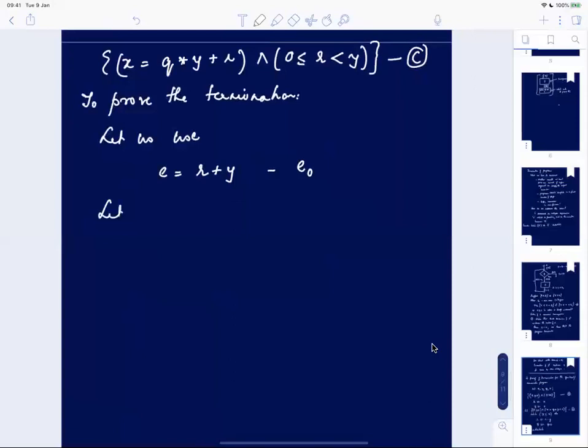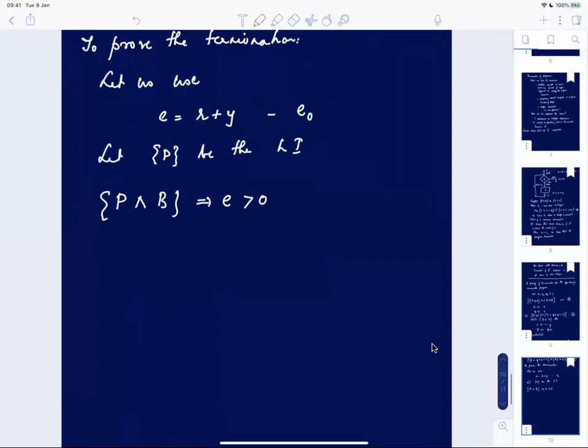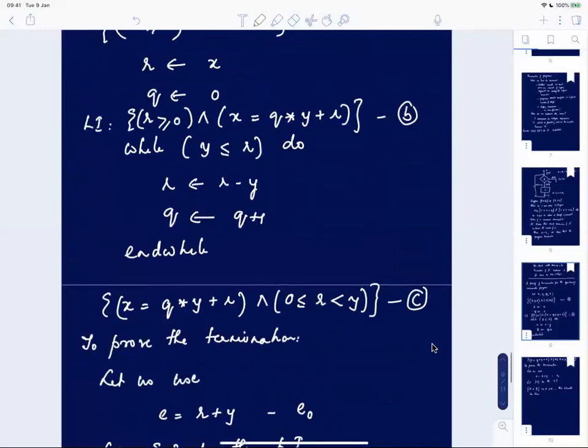Let P be the loop invariant. Then we have P and B implies E greater than 0. This should be true at B, the location B in the program over here.